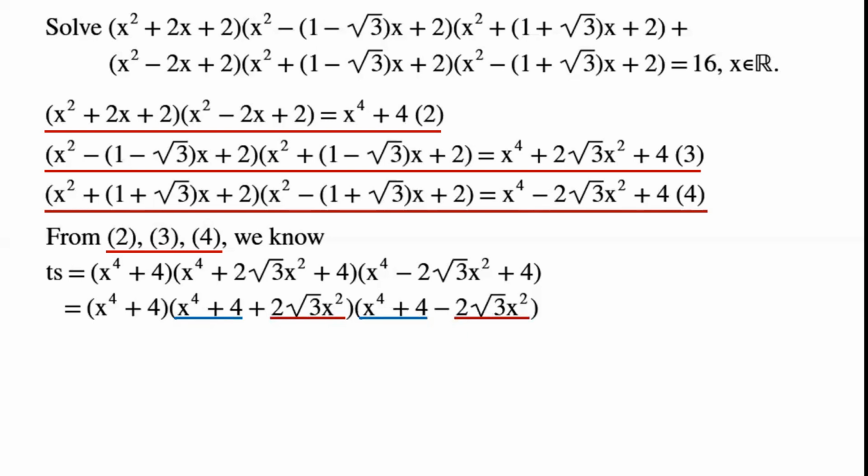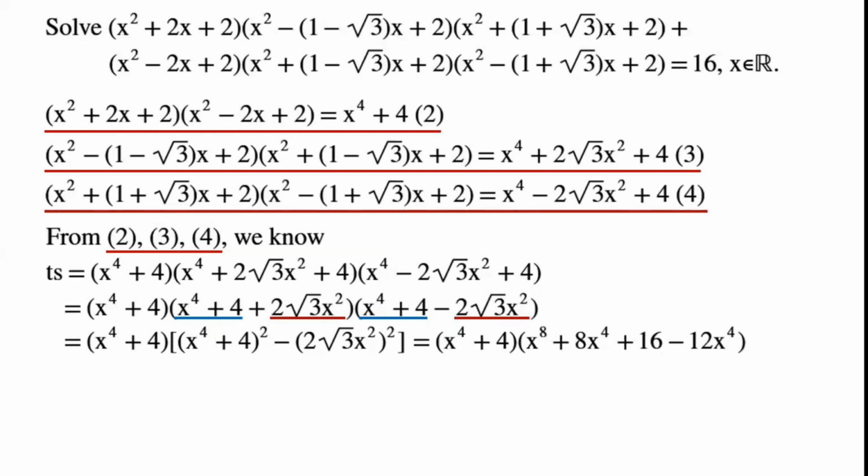The second and third parts of this algebraic expression have x to the power of 4 plus 4, and one has 2 root 3x squared, whilst the other has minus 2 root 3x squared. It can be written as x to the power of 4 plus 4 all squared minus 2 root 3x squared all squared.